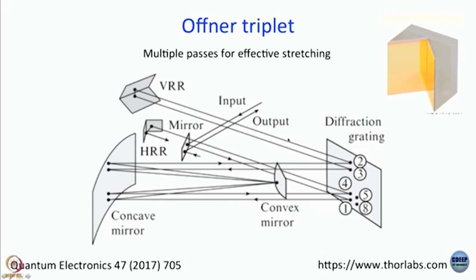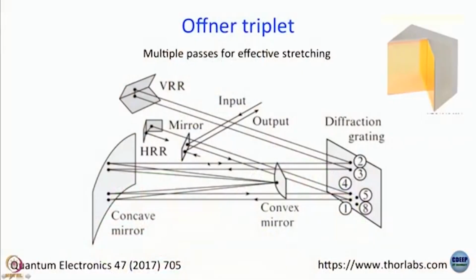From here the beam goes to a vertical retroreflector, and of course, if it is a retroreflector, it has to send it back. The good thing about retroreflectors is that the incoming and outgoing beams are parallel to each other, in opposite directions, but parallel.